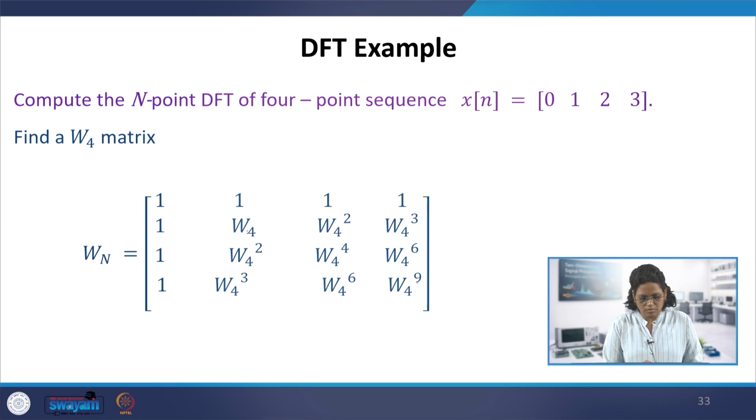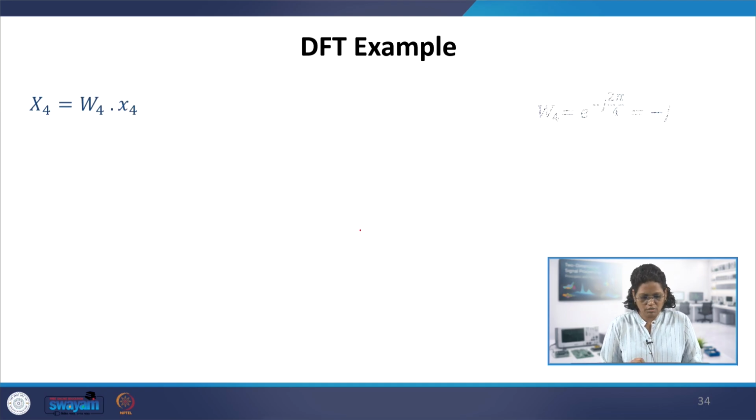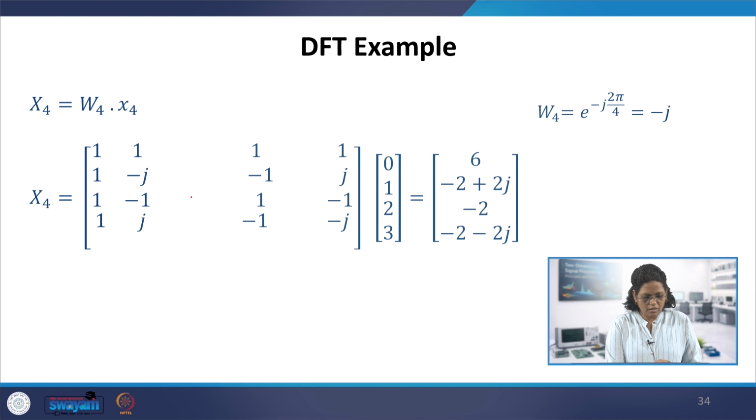Obtaining these values, because W4 equals e power minus j 2 pi by 4, that's minus j, and minus j square is this, and minus j cube is this. Likewise we can substitute these values. So we get the matrix as this: 1 1 1, this is minus j, this is minus 1, j and so on. What we get is the twiddle factor matrix.